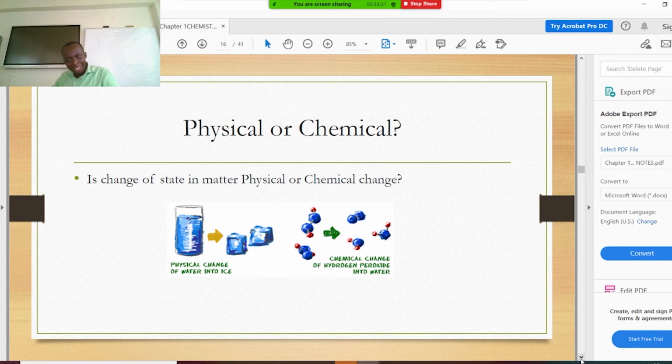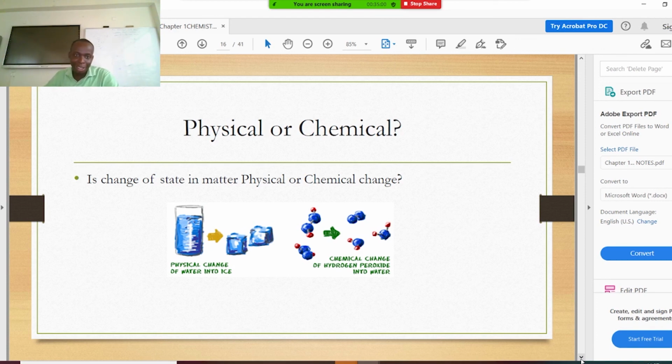Now, the change of state is a physical process, or a physical change, because during this change, new substances are not formed. Any change that results in the formation of new substances is a chemical change. So when water turns into ice, it's still water, H2O, just that the state changes.